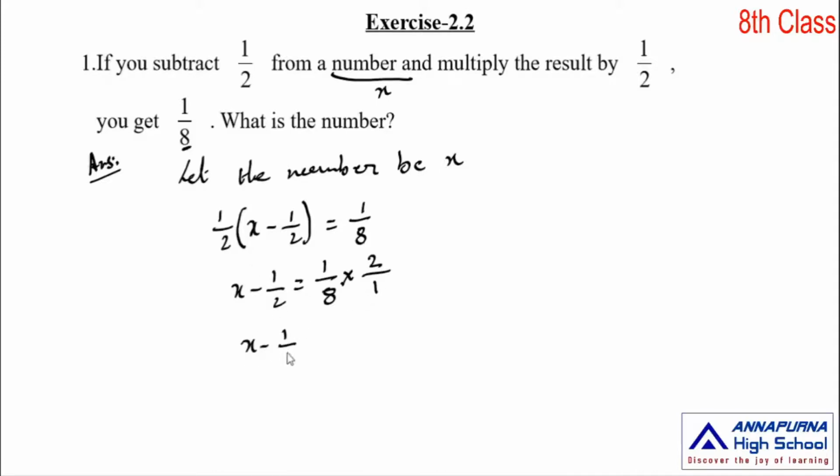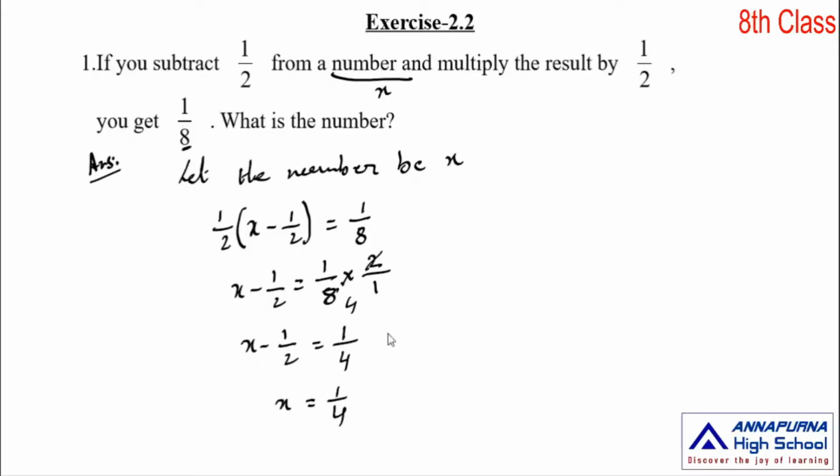So x minus 1/2 is equal to 1/8 times 2, which is 1/4. Now transpose this minus 1/2 to the right side. So x is equal to 1/4 minus 1/2. It is a term, not a factor. Minus 1/2 is a term.